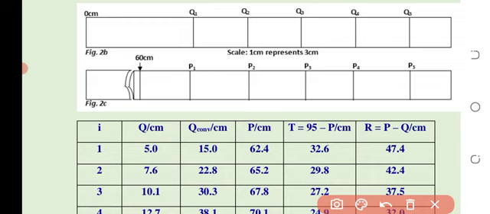For the first value of Q, we have to measure from this zero mark to this first value of Q here, and whatever we have here is the first value of Q, and that is what we have on this table, and that is 5 centimeter. We did the same thing by measuring from here to this point for the second value of Q, and that is 7.6 centimeter. Similarly, we took the values of Q3, Q4, and Q5.